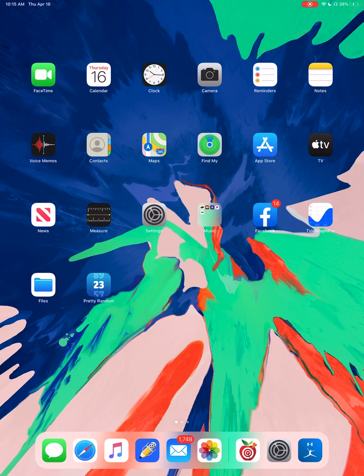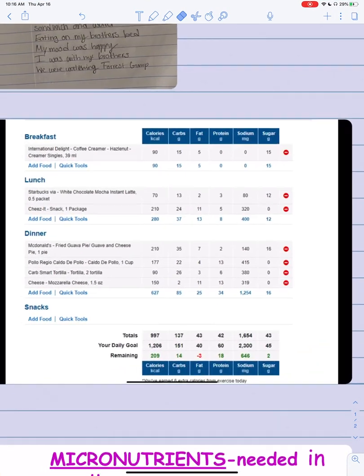I did put in my age accurately, suggesting that I was only 16 years old, and it allowed me to use the app without any sort of verification of my age. So that's one that's available to you. And then if you look to the far right, you'll see the white person on the blue background with the Under Armour symbol. That is MyFitnessPal, and that is the one that is being seen here.